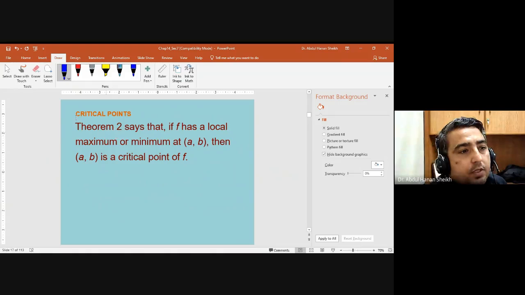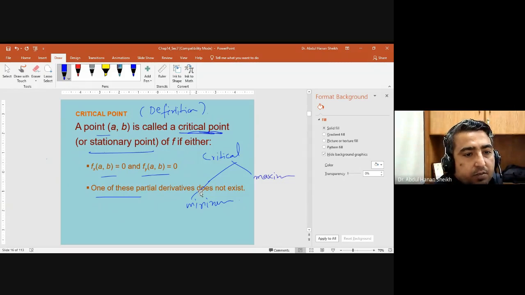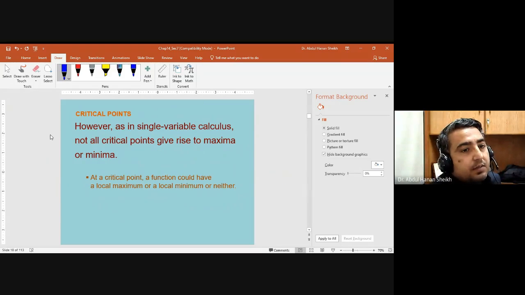So theorem 2, in other words, says that if a function has a local maxima or minima, then that point will be a critical point. And this second condition, that one of these partial derivatives does not exist, indicates that not all critical points are maximum or minimum.